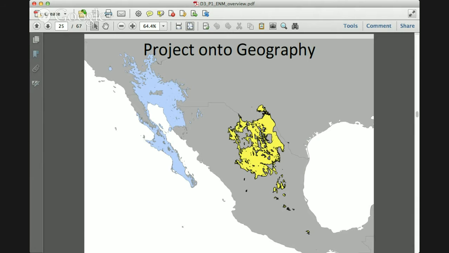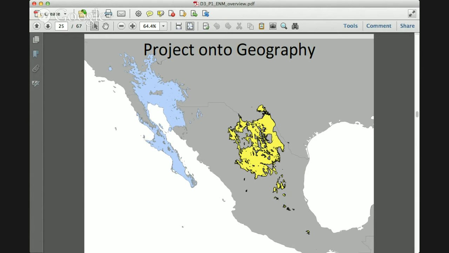Now, what we did in this study is we created some imaginary species, and we created them basically by hand, and then we created BAM scenarios. So this would be a classic BAM scenario. Our species overall is a desert species in northern Mexico. Again, this is just made up.